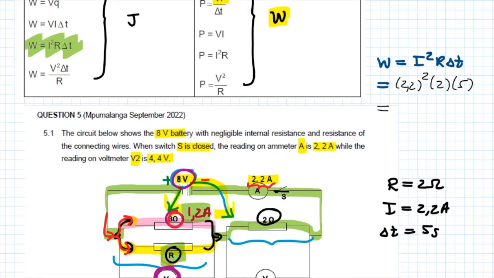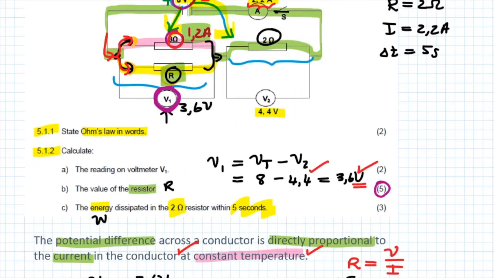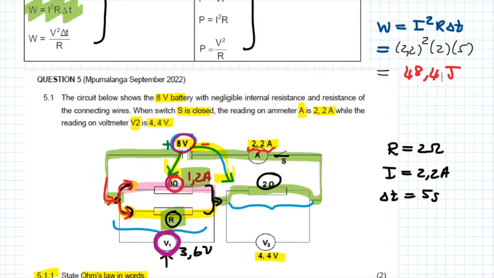In the end, we obtain a final answer of 48,4, and this is energy, so it's measured in joules. The question is out of 3 marks, so you're going to obtain 1 mark for your formula, 1 mark for your substitution, and 1 mark for your final answer.